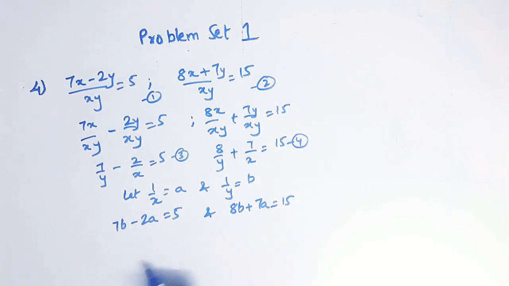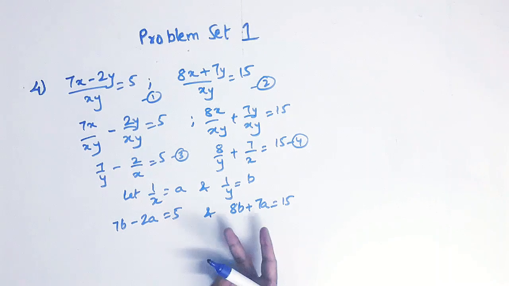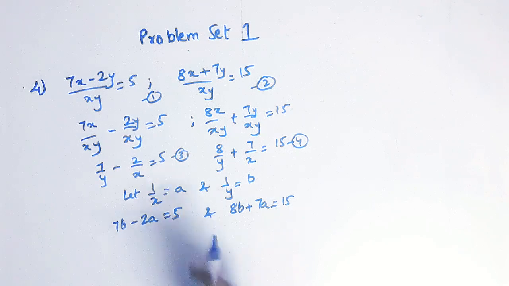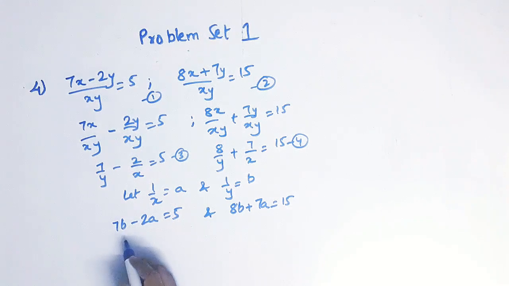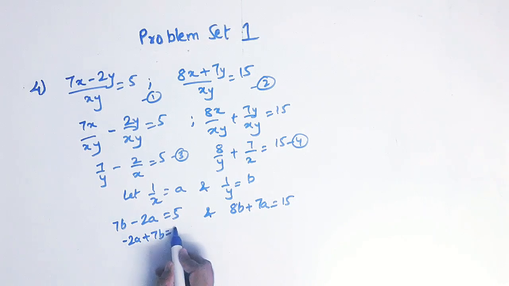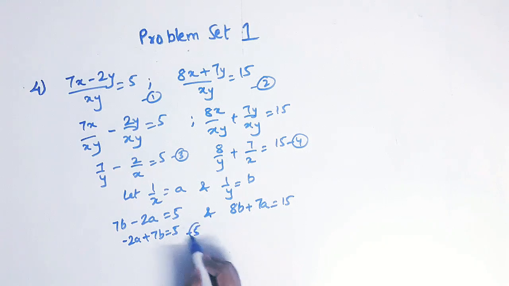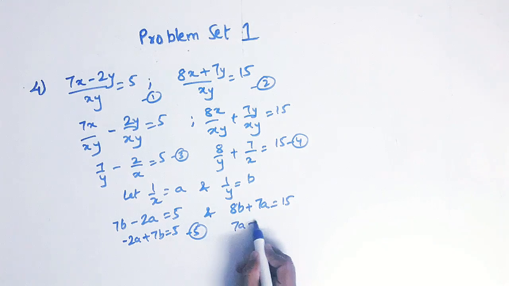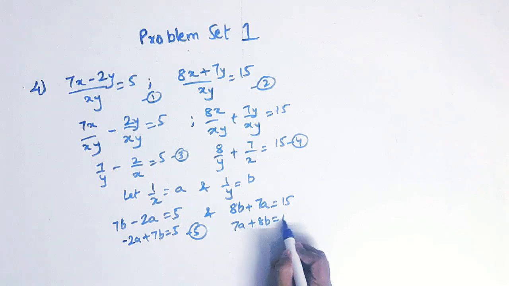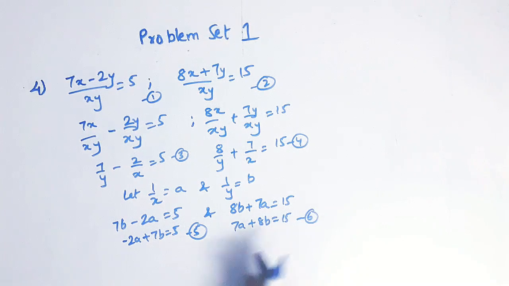Okay, now if you observe, I can rearrange this. I can put a before b, so minus 2a plus 7b equals to 5. This is number 5, and 7a plus 8b equals to 15. This is just rearrangement of a and b, nothing else.